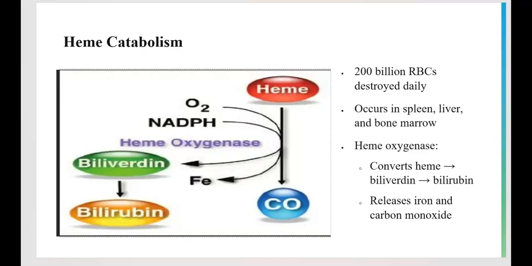Heme oxygenase enzyme converts heme to biliverdin and bilirubin while releasing iron and carbon monoxide. This picture illustrates the heme breakdown, which converts to biliverdin and bilirubin and releases the carbon monoxide and iron in the process.